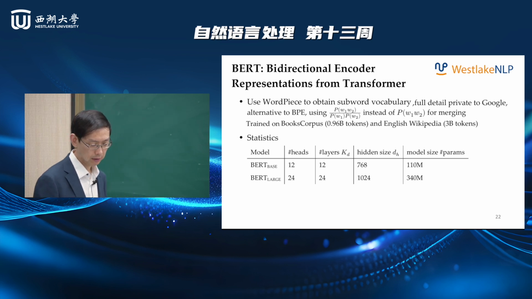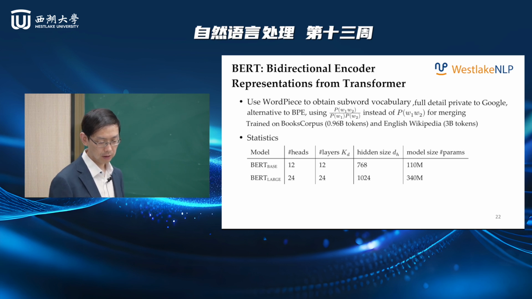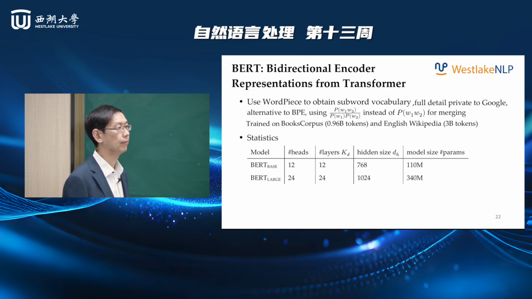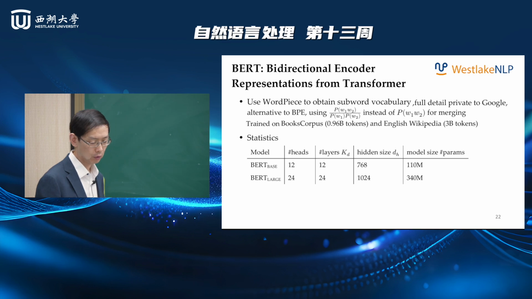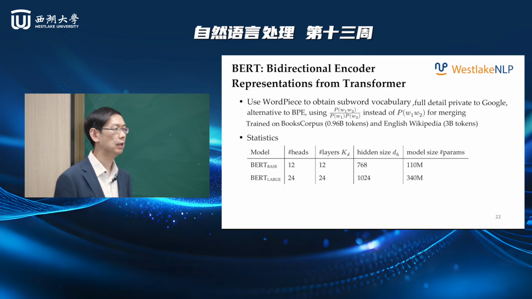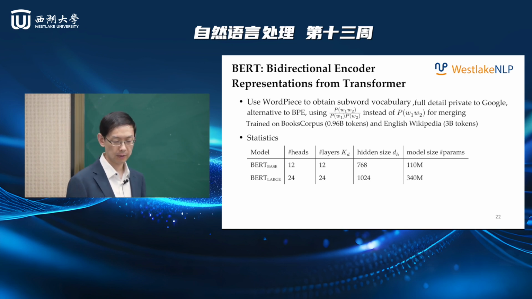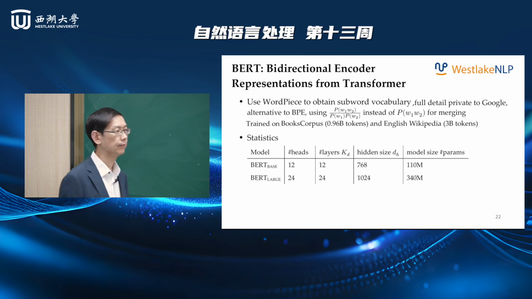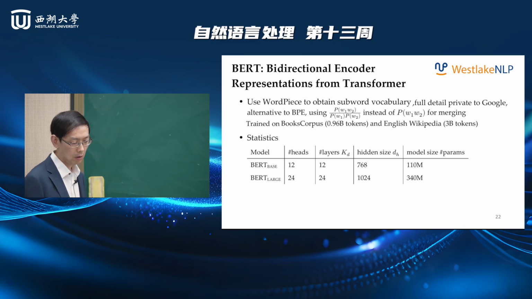And BERT is trained on a large corpus, including Wikipedia, and a book corpus dataset, which contains a lot of different books. They just merge the two corpora and use it as data to train the masked language model. The model size is shown in this table.